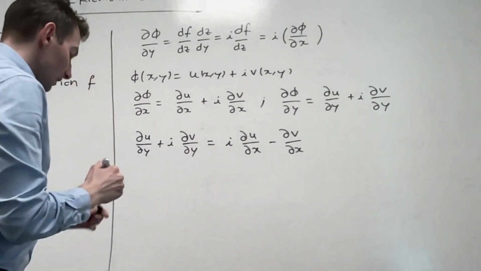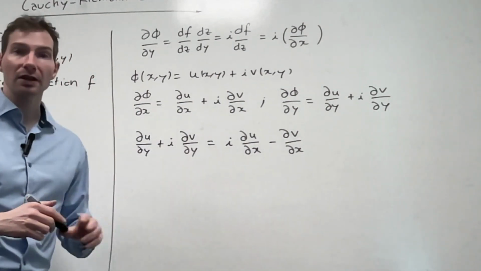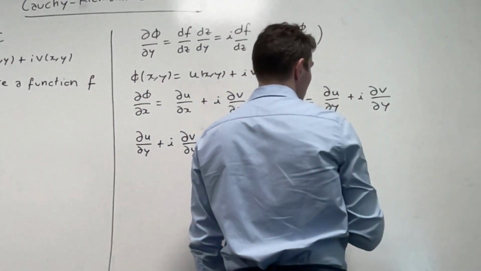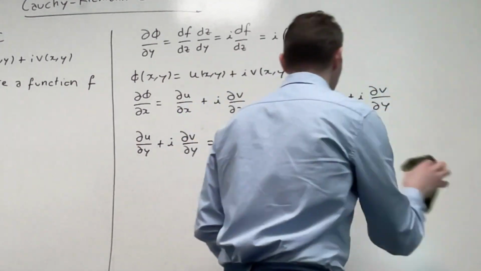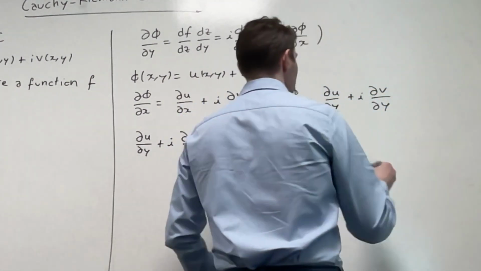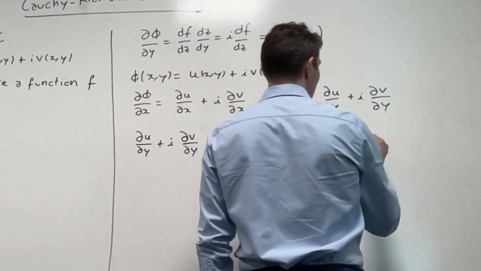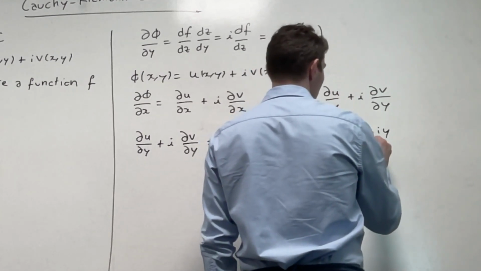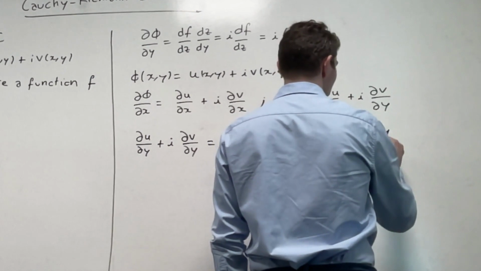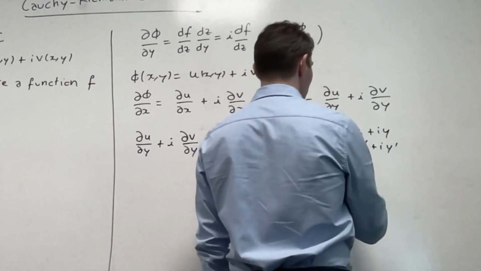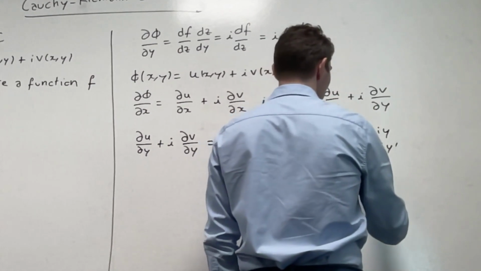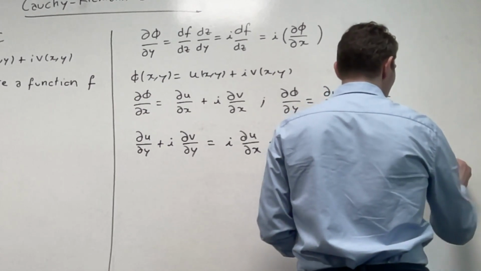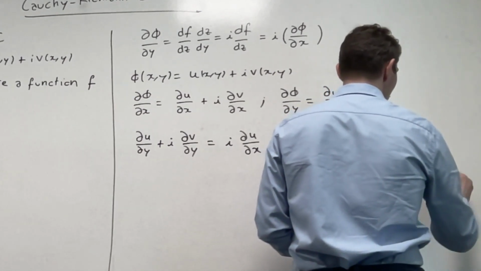Okay, now the final bit has to do with the fact that if two complex numbers, say z is equal to x plus iy, and I've got another w, which is equal to, for example, x prime plus iy prime, we have that z is equal to w if and only if x is equal to x prime and y is equal to y prime.